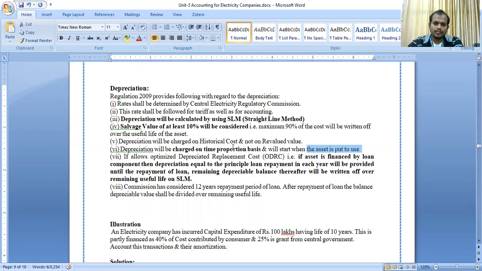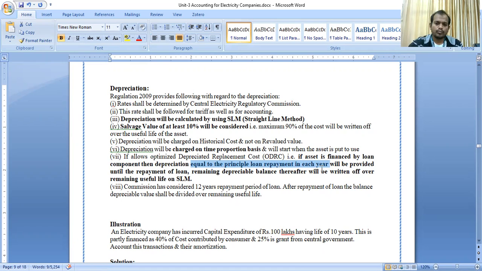From when do we have to calculate this depreciation? Whenever the asset is put to use, from then we have to calculate the depreciation. Another most important thing: if the asset is financed by a loan component, then depreciation equal to the principal loan amount repayment in each year.